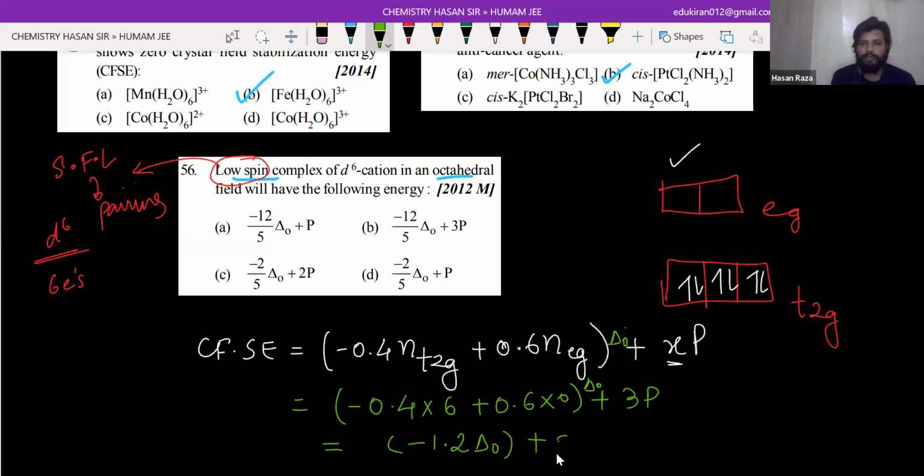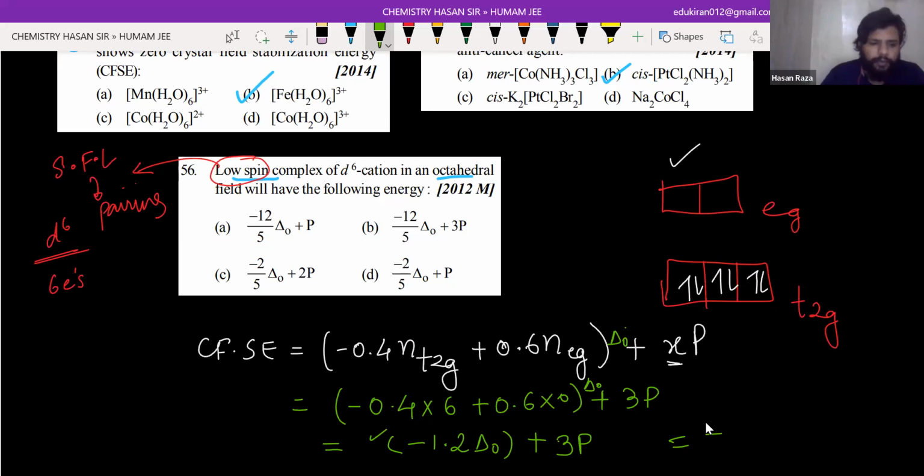Since in the options it is given in terms of fractions, you can easily do this in fractions. 12 by 10, that means it will be minus... no, what does it mean?